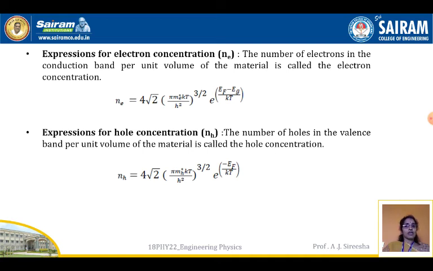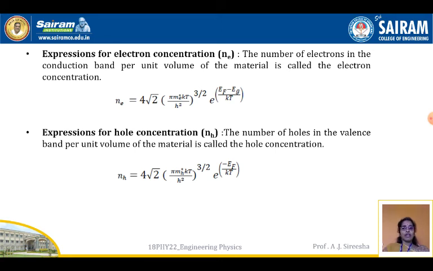So the electron concentration Ne is taken in the conduction band. Always remember that electrons try to occupy the conduction band, where they are free to move, leading to the conductivity because of the movement of electrons in the conduction band, whereas holes move in the valence band.